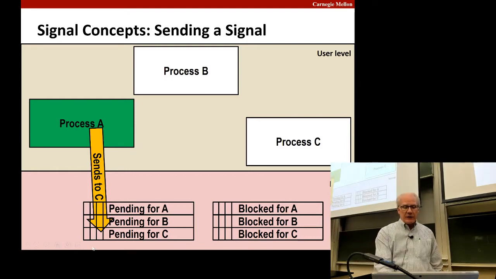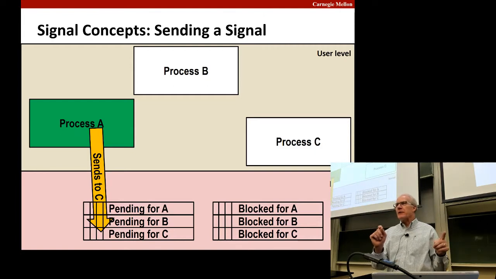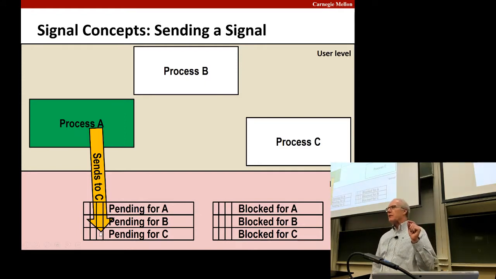And now C has basically a little set of Boolean flags, with 30 different signals. It has a bit vector corresponding to an int, a 32-bit word, that is set to 1 if there's a signal of that type pending for this process, and 0 if there isn't. So what happens is the operating system just sets the 1-bit field for that particular signal number for this particular process.